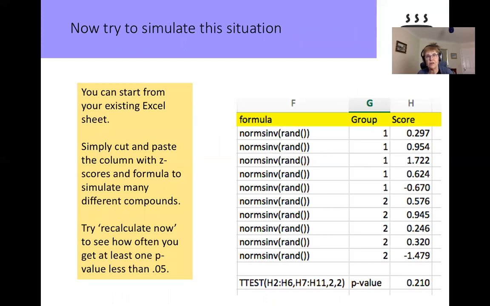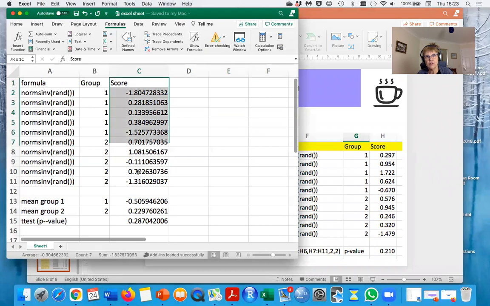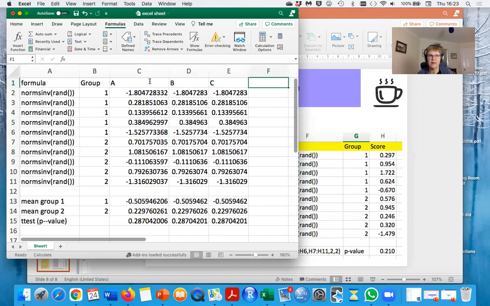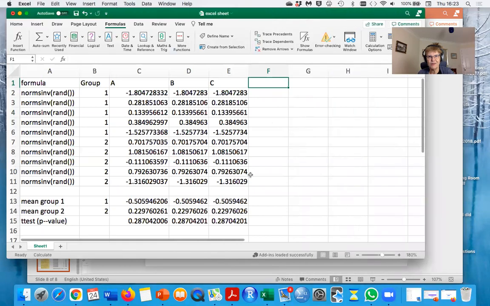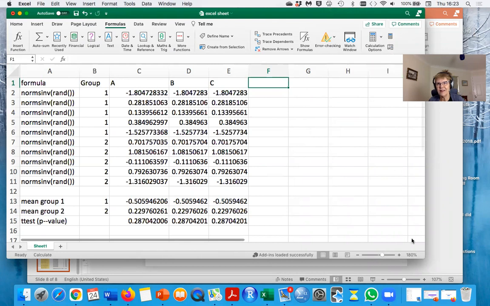Now, I'm going to suggest you try and simulate this situation. So you can go back to your existing Excel sheet and you can just cut and paste the column with z-scores and the formula to generate these data to simulate many different compounds. So I'll just show you how to get going here. So here we are, I've got score. Well, you can just copy all of that, copy and paste, and if you've got a tidy mind, you might want to call them A, B, C, etc. And then you've got this thing that they're all going to come out identical because we've got this fixed, but we now know that what we've got to do is this calculate now button.